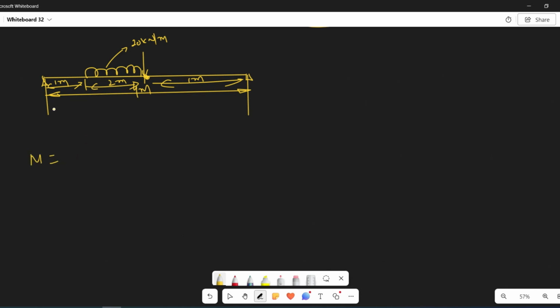Let us say taking x here up to this. RA multiplied by x minus the load into x minus... Okay. Now solve for this.